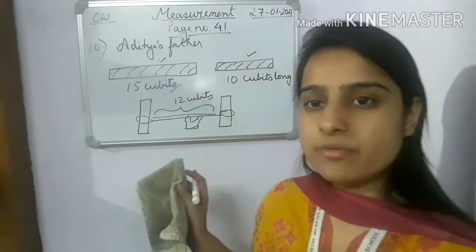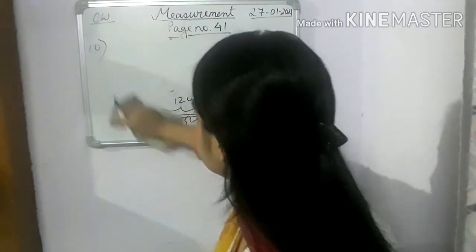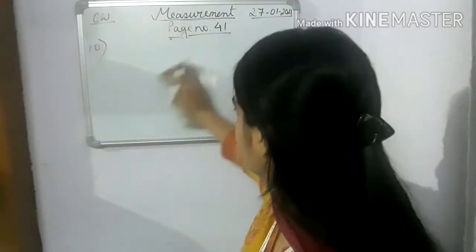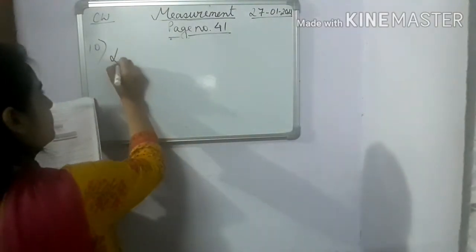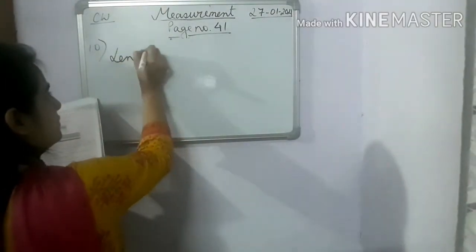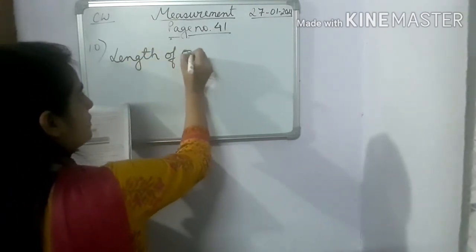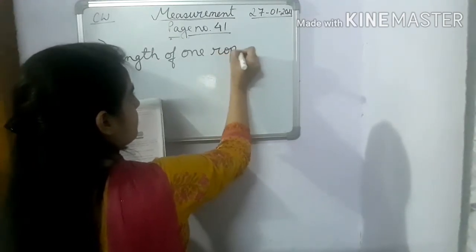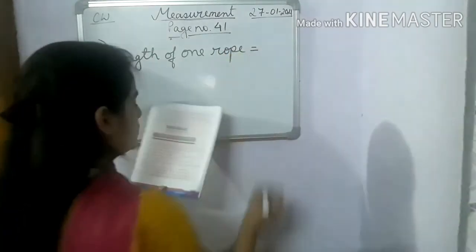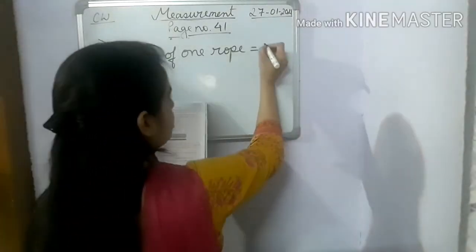Have you understood, everyone? Okay. Length of one rope is equal to, what is the length of one rope? 15 cubits.